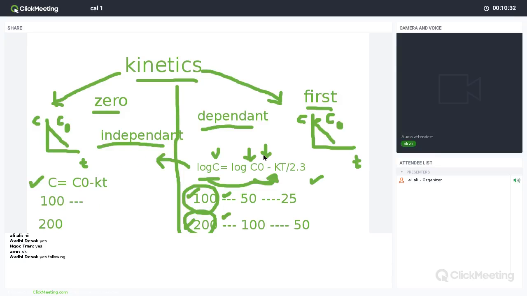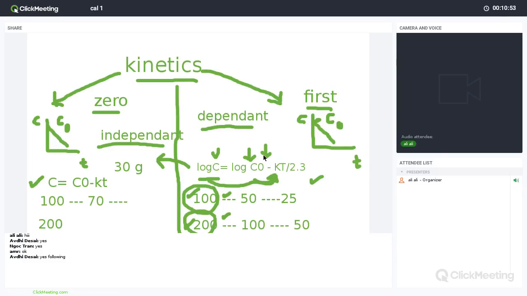There is a fixed amount eliminated per unit time. So, for example, for this medication, the amount removed is 30 grams. Here we have 100 gram. After a specific time, it will be 70.